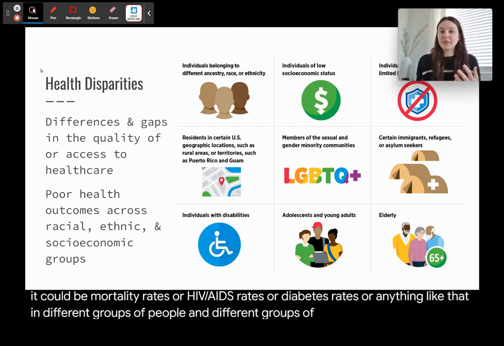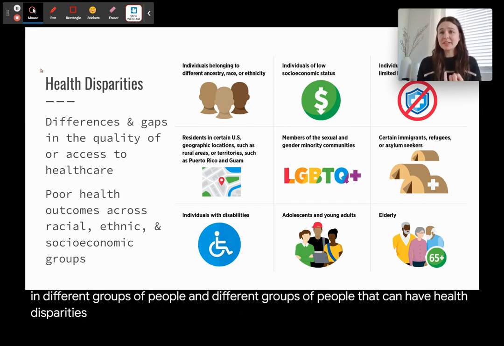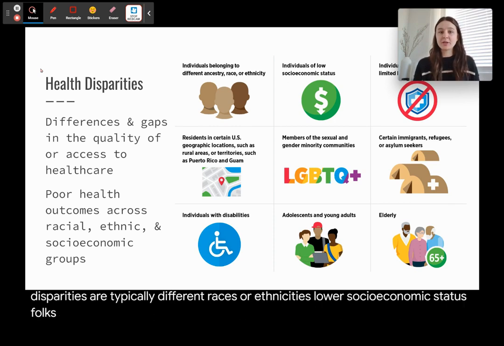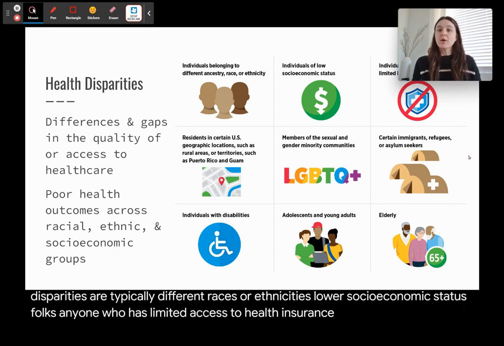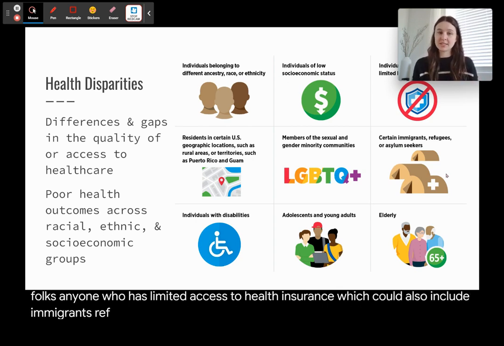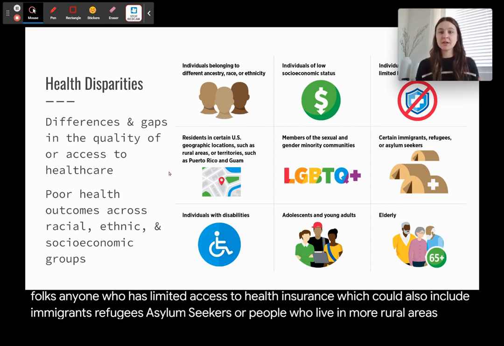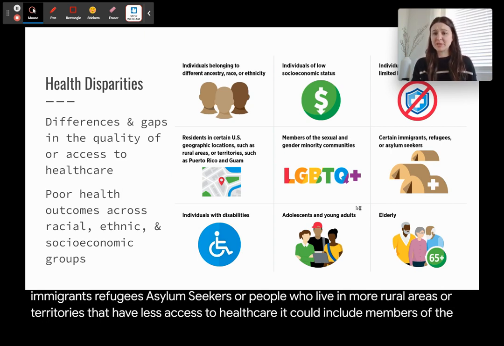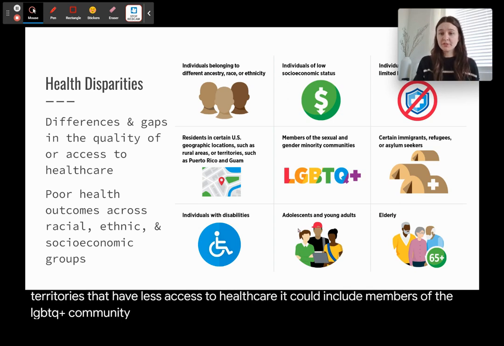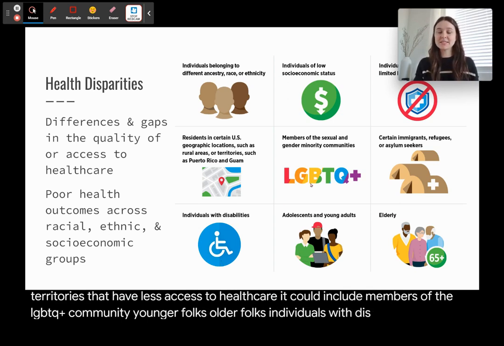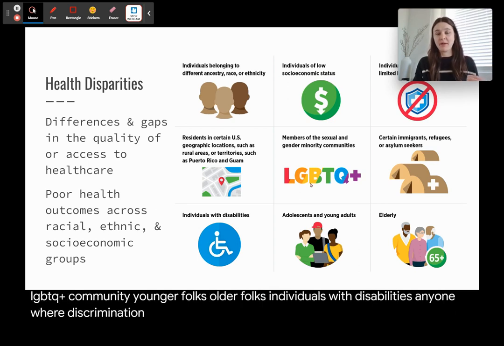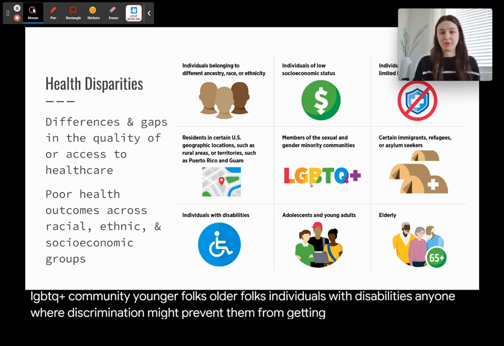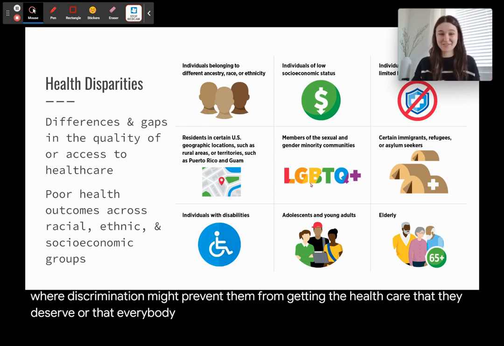And different groups of people that can have health disparities are typically different races or ethnicities, lower socioeconomic status folks, anyone who has limited access to health insurance, which could also include immigrants, refugees, asylum seekers, or people who live in more rural areas or territories that have less access to healthcare. It could include members of the LGBTQ plus community, younger folks, older folks, individuals with disabilities, anyone where discrimination might prevent them from getting the healthcare that they deserve or that everybody deserves.